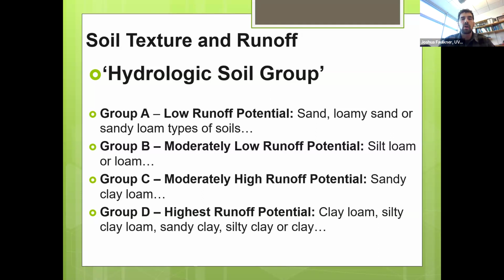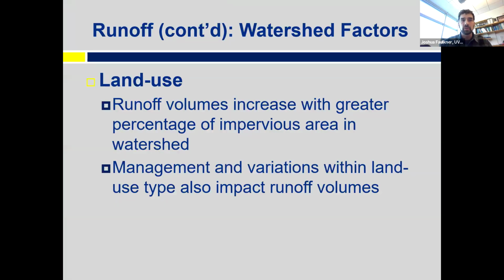C soils are your moderately high runoff potential soils, sandy clay loams, and your D soils, which we have a lot of with our clay soils here in Vermont, are your clay loams, silty clay loams, sandy clays, silty clays, or clays. So it's good to be aware of this ranking system and understand what category the field in question falls into, because this will give you a good estimate on how much runoff you would expect coming from that soil, from that field.